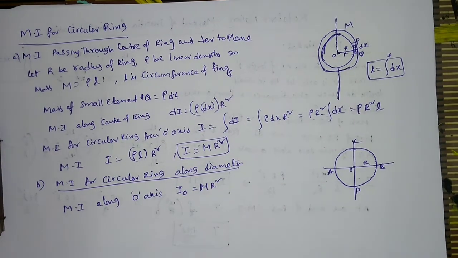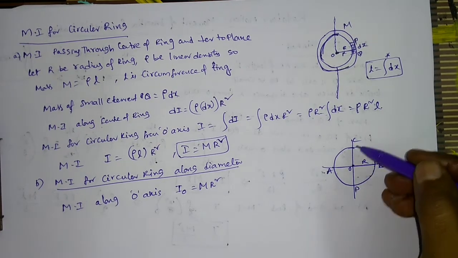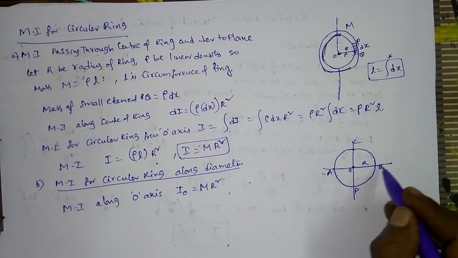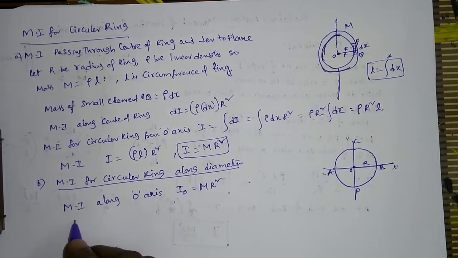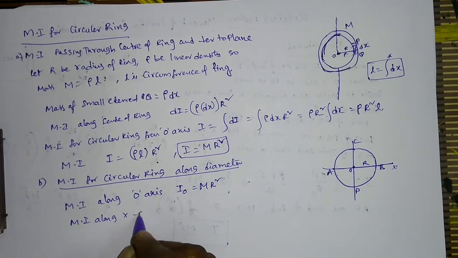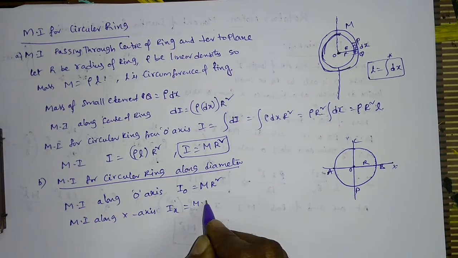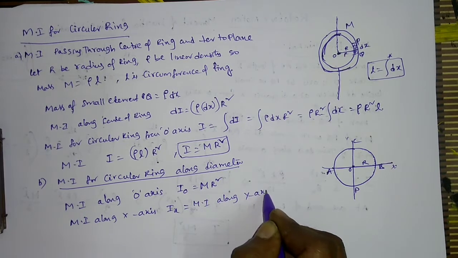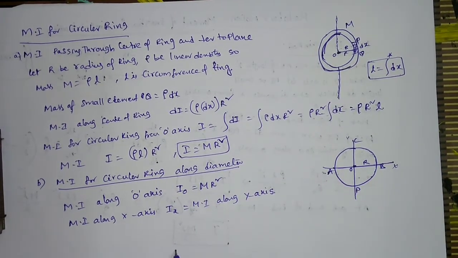Keep in mind, the moment of inertia along the AB axis and along the CD axis are both the same. Let us say this is the x axis and this is the y axis. That means the moment of inertia along the x axis, Ix, is equal to the moment of inertia along the y axis, because both are diameters only. Now you can use the perpendicular axis theorem.